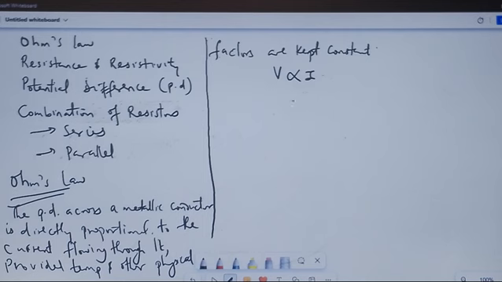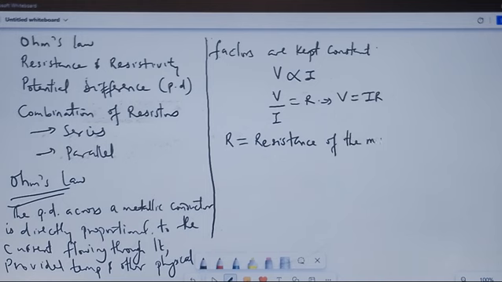So we can then write that V over I is equal to R, or we can simply say V is equal to IR. So this equation expresses Ohm's Law. In the above equation, R is the resistance of the material. We'll come to that later.